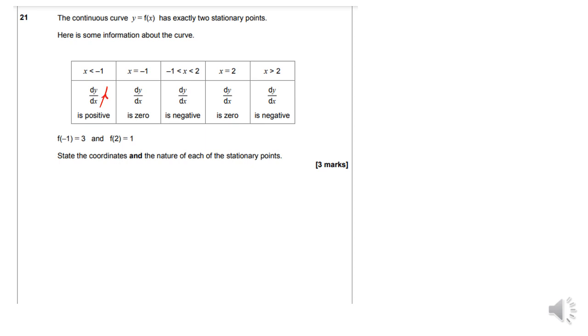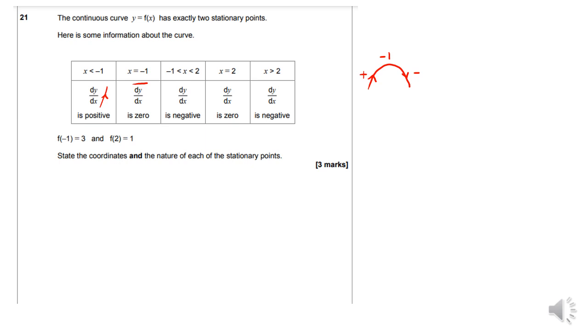Then at -1, it flattens off. And if after -1 it goes negative, we know it's gone through this sort of movement. It was positive because the gradient is positive, and afterwards it's gone back down negative.